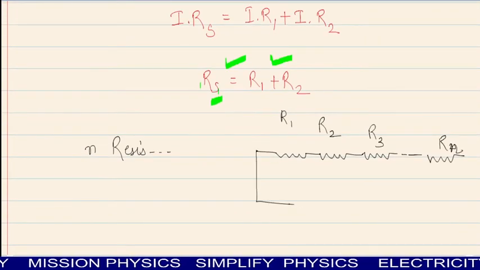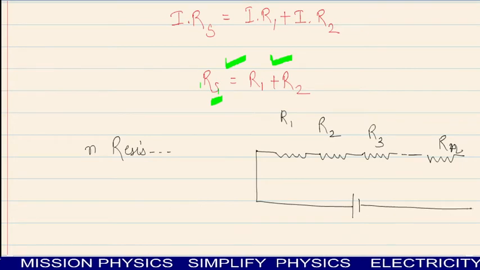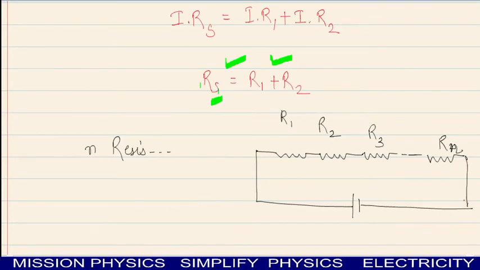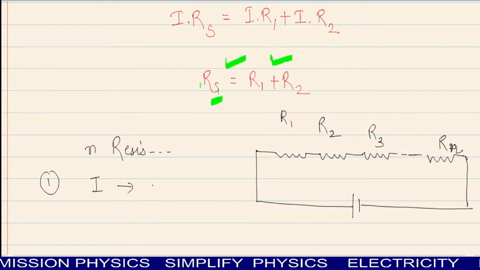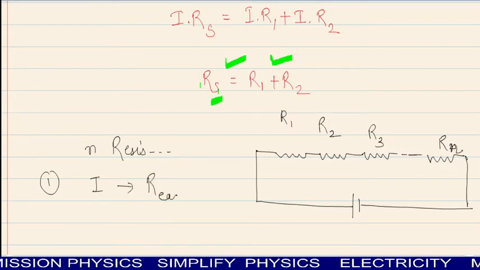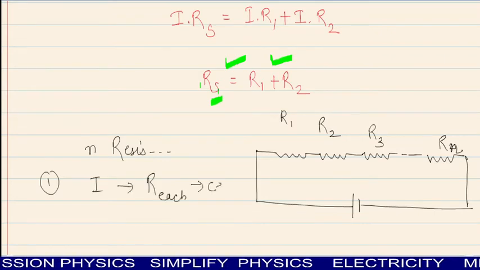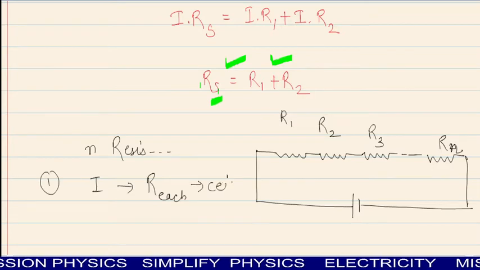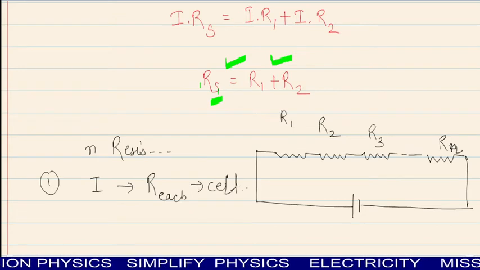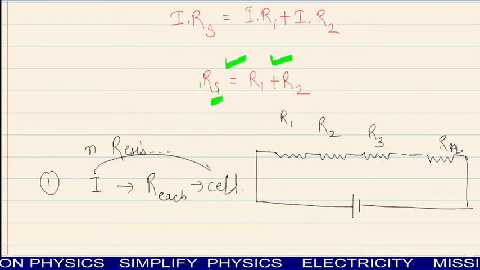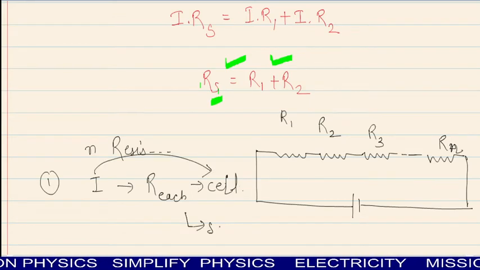So you connected them to the EMF source. The first conclusion will be that the current through each of the resistors will be the same, the current offered by the cell.